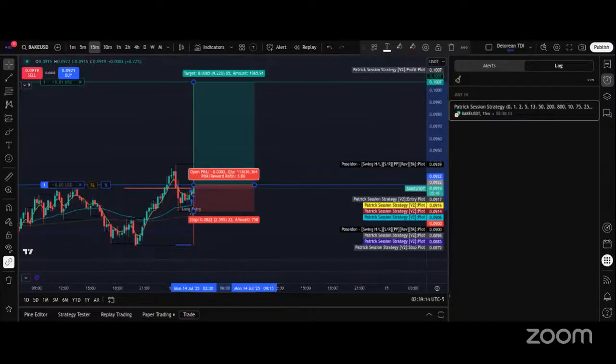That's going to be for 85 pips. Stop loss is going to be at 0.0900. That's for 22 pips. And entry price is going to be at 0.0922.